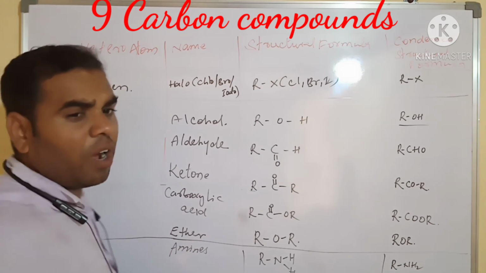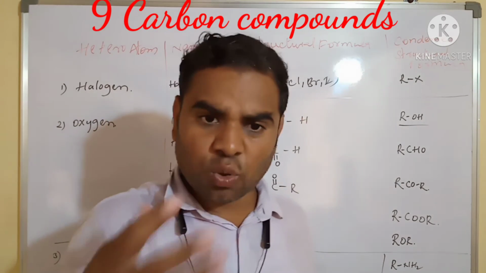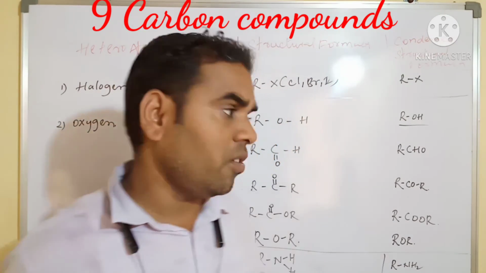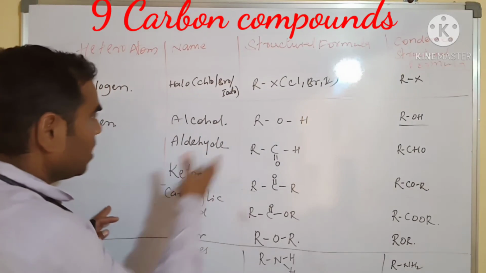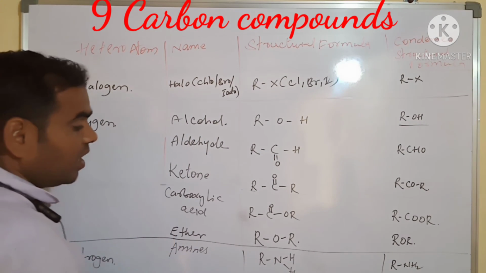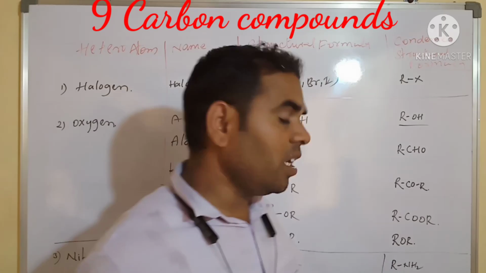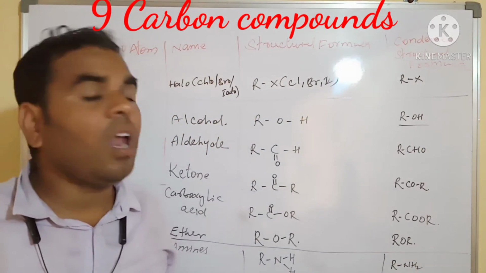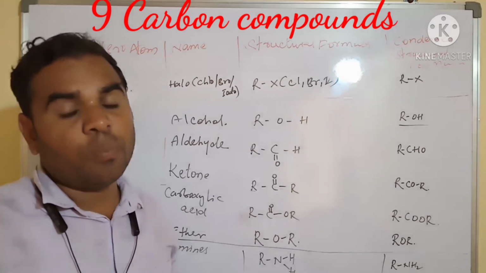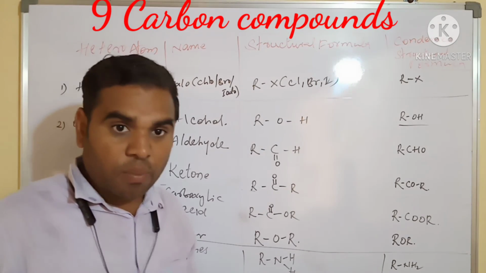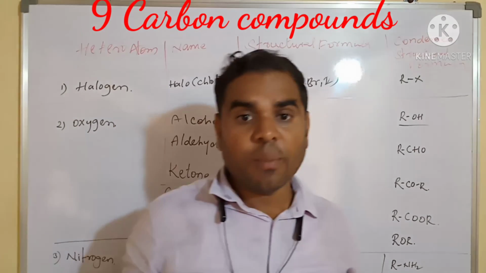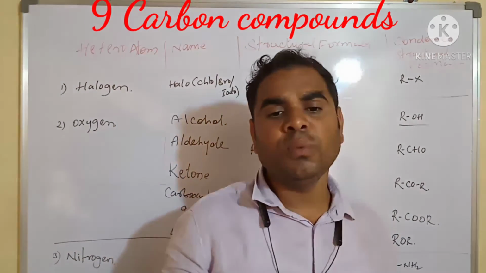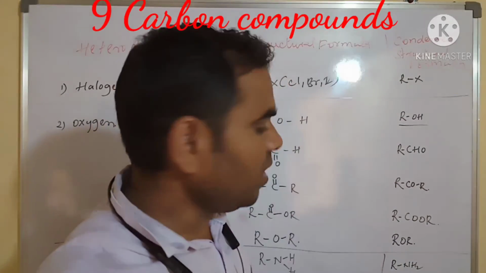These are the groups we have to learn. Plenty of examples are coming in our lesson, and we will learn the details of these functional groups. Amines also: RNH2, where R means any alkyl group: methyl, ethyl, propyl, propane, butane, hexane, pentane. These all are alkyl groups.